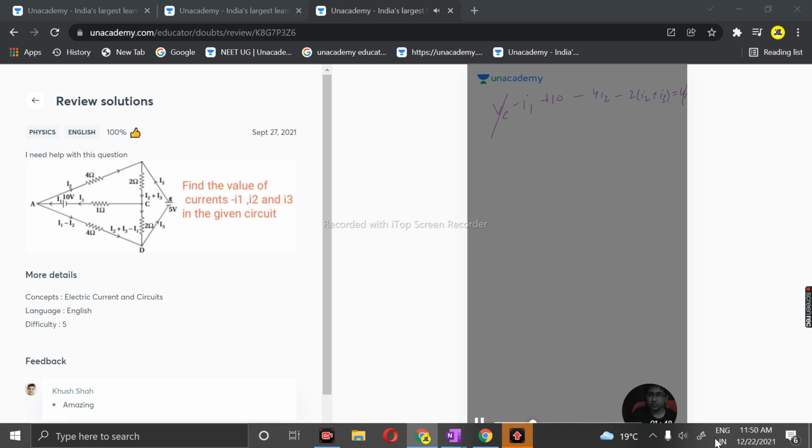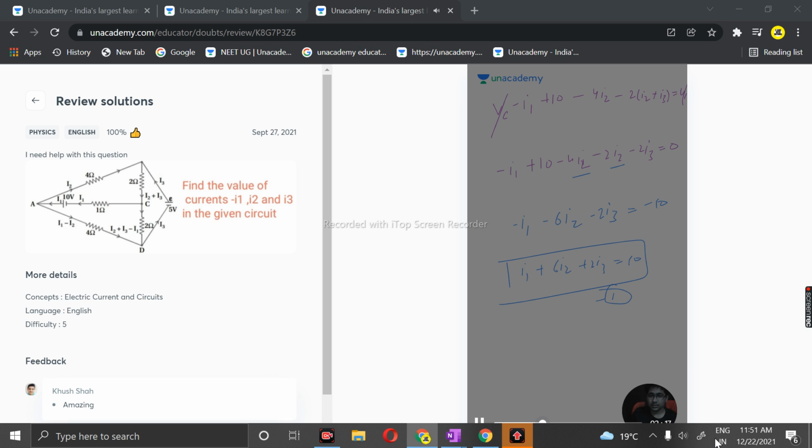We are getting minus I1 plus 10 minus 4I2 minus 2I2 minus 2I3 is equal to 0. So we get minus I1 minus 6I2 minus 2I3 is equal to minus 10. Simply I can write I1 plus 6I2 plus 2I3 is equal to 10. This is equation number 1.